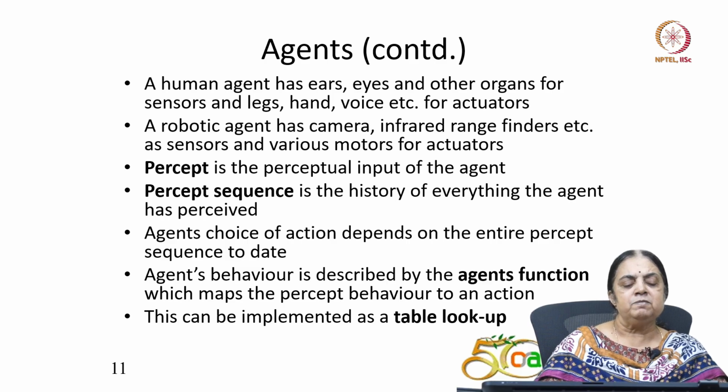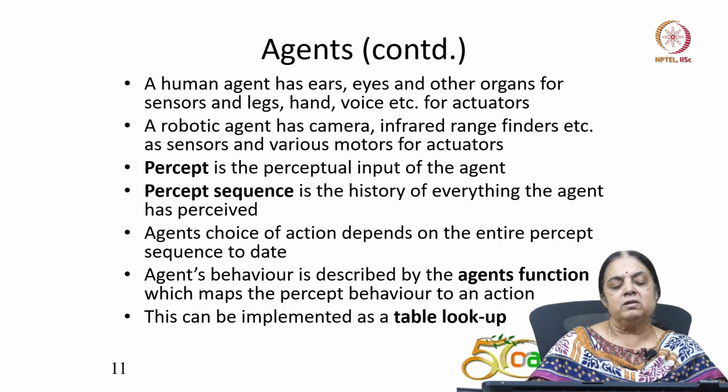The agent has to look at the percept sequence and then decide what action is to be taken. So you have what is known as an agent function, which maps the percept sequence to an action, basically.